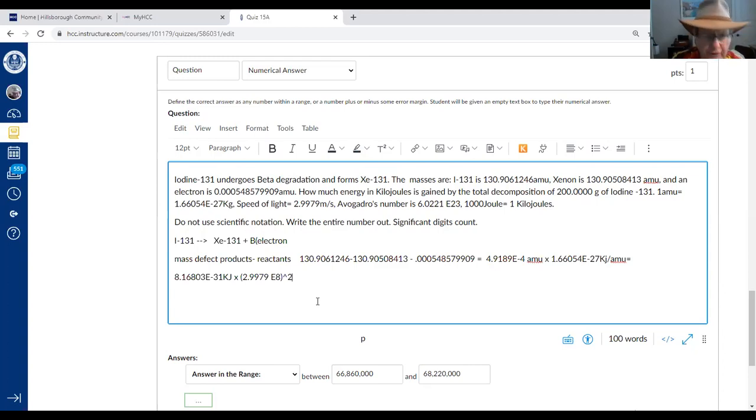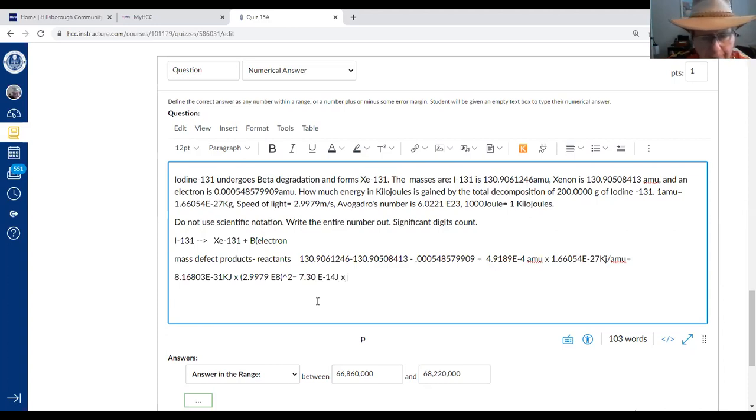And I end up with 7.30e-14. Yes, I know I'm not dealing with the sig figs correctly, but I don't really have time to do that. This is in joules.